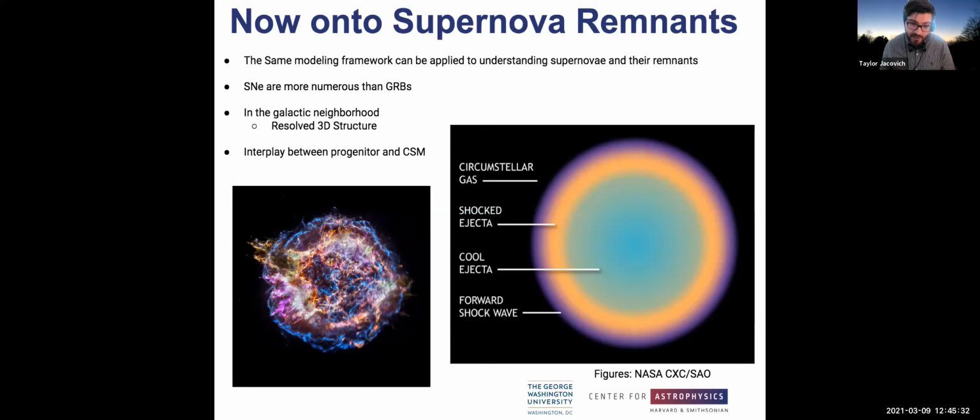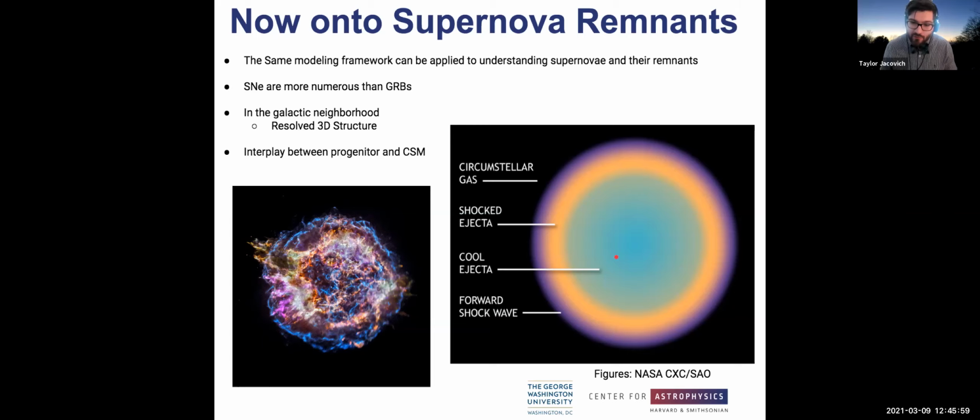You have to consider the interplay between the progenitor, the CSM, and the remnant shock, and that makes things a bit more complicated. But we can set up our physical model in a similar way, where we have our remnant on the right hand side here in a core collapse supernova remnant. So one formed from a massive star, we are going to have some sort of central compact object.